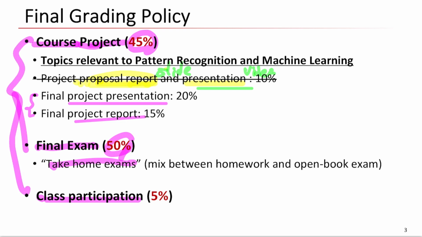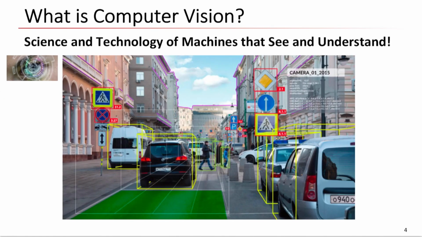Okay. So let's start our last lecture. Today I will just briefly introduce the computer vision field. Actually, as you know, I was working in the computer vision field, but after deep learning, the border between computer vision, natural language processing, data mining, and other fields became vague.